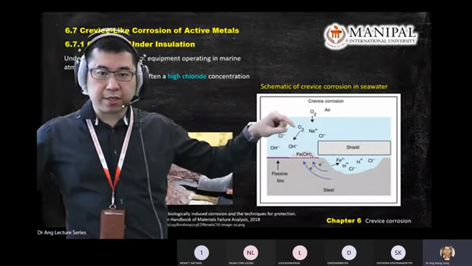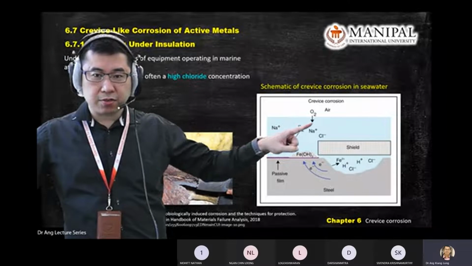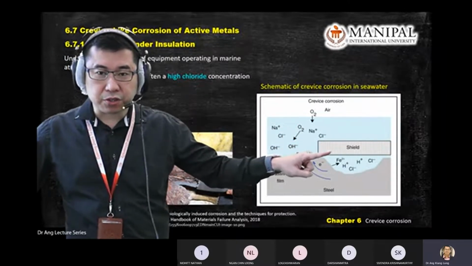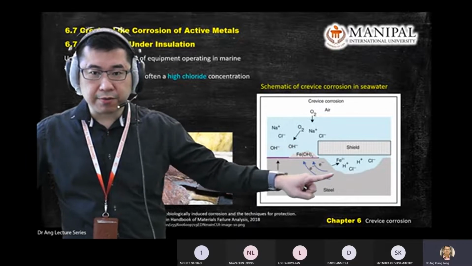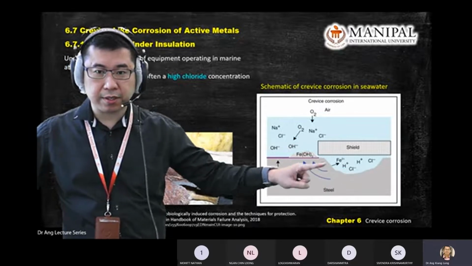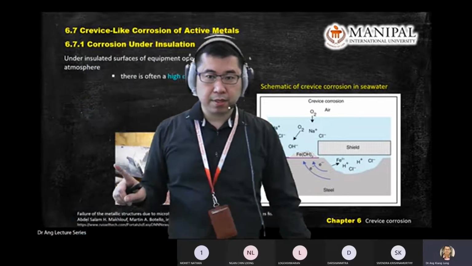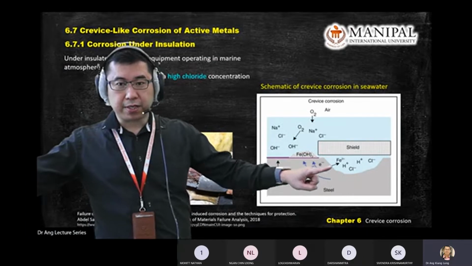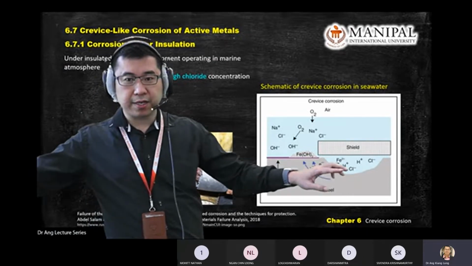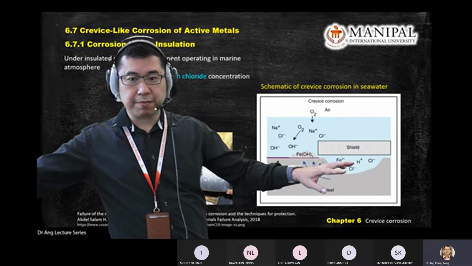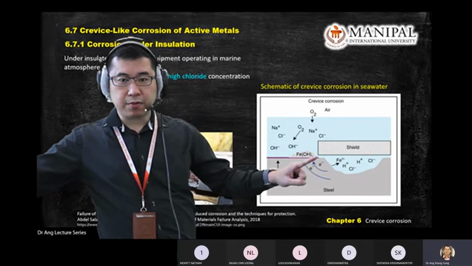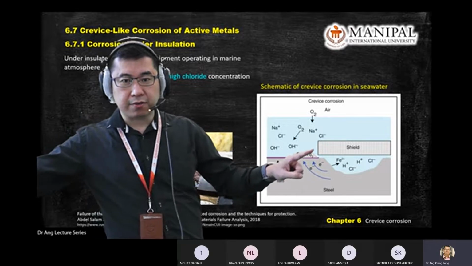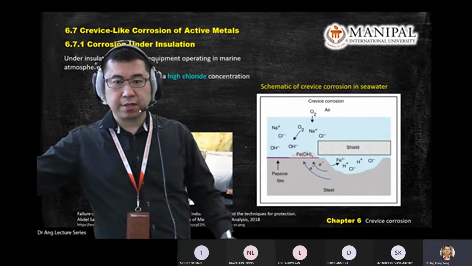Oxygen enters through the air, through the seawater here. And then you have a shield, then crevice is going to happen over here. Metal will break itself into charges. When they break, some gap is going to happen, and then they will become deposit, they will become oxide over here.